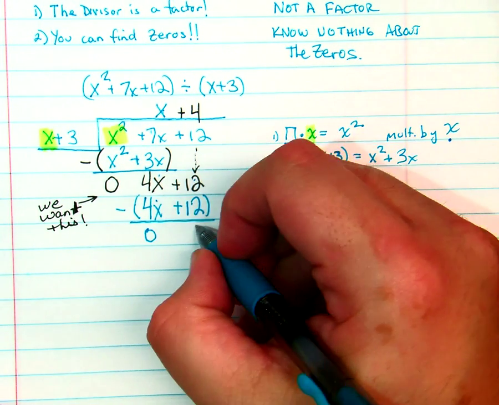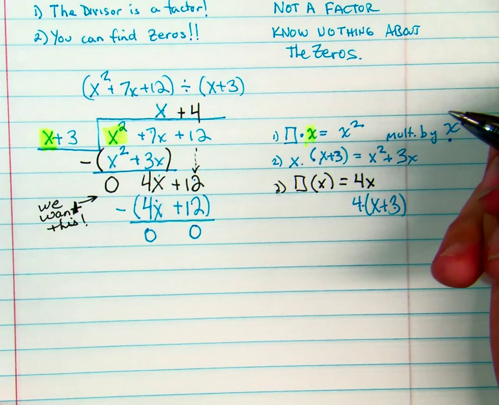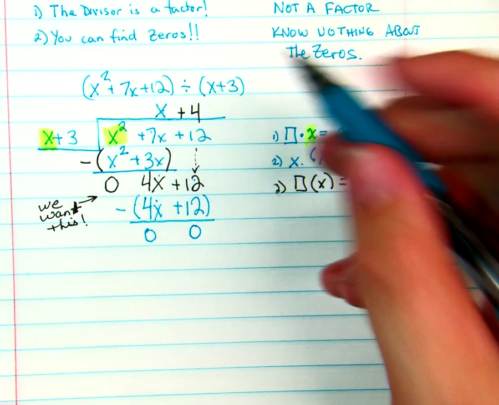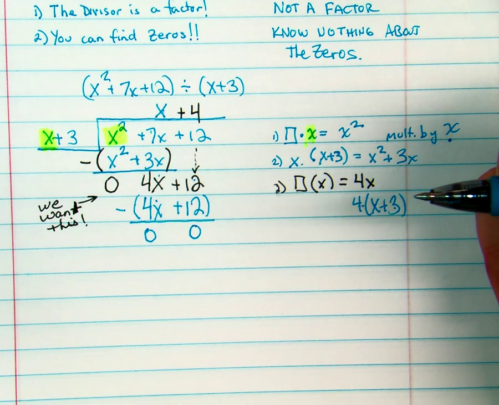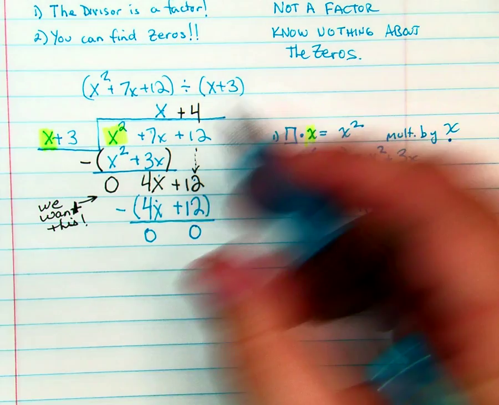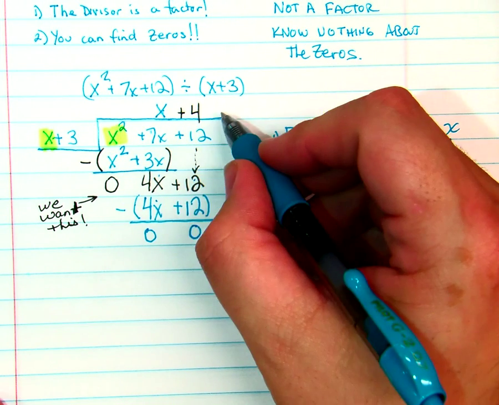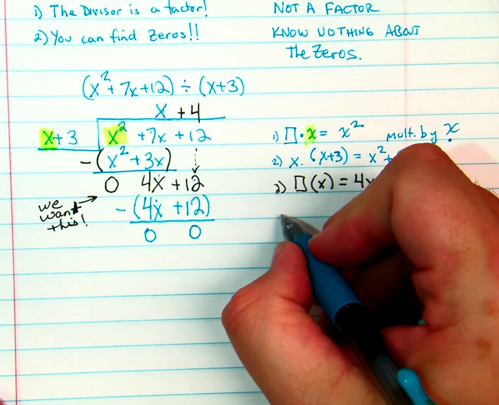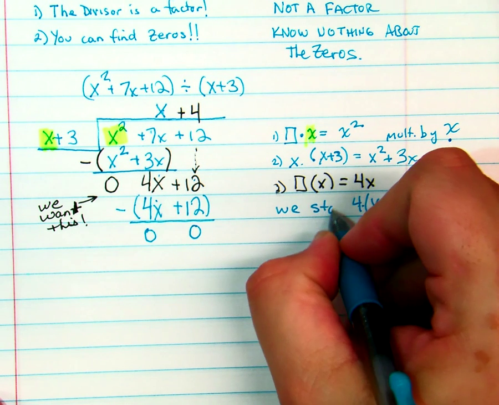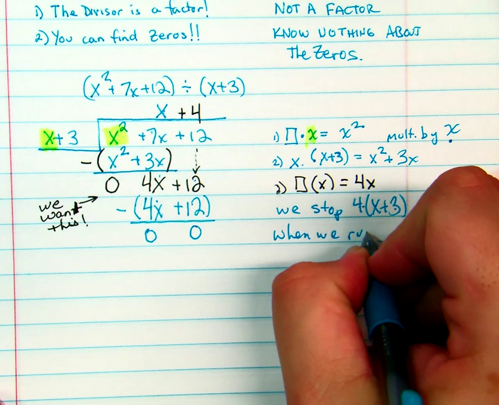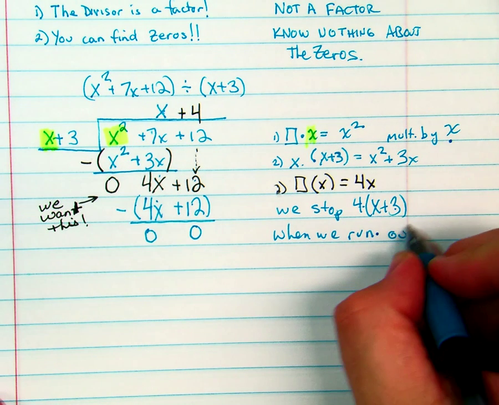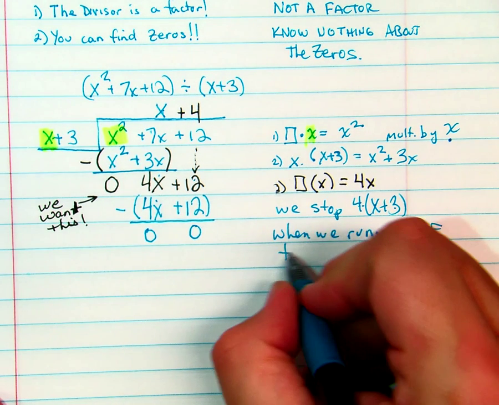So, and here's the biggest difference. You know how we could go into decimals after this? We don't do that with this. Once we get to the end here, we stop. When we run out of terms, we stop.